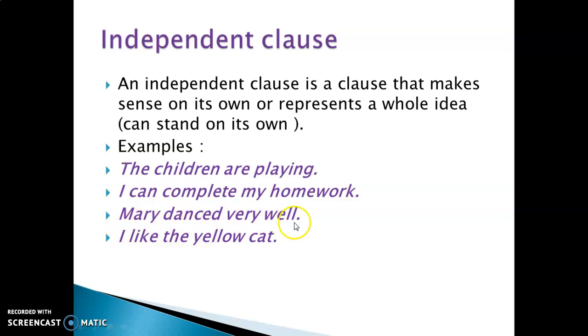Mary danced very well. Mary is a subject. Danced is a verb. I like the yellow cat. I is a subject. Like is a verb. And what do I like? The yellow cat. I hope you understand that now.